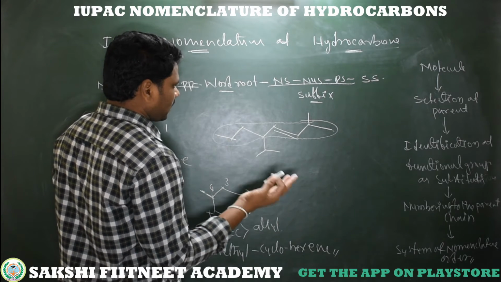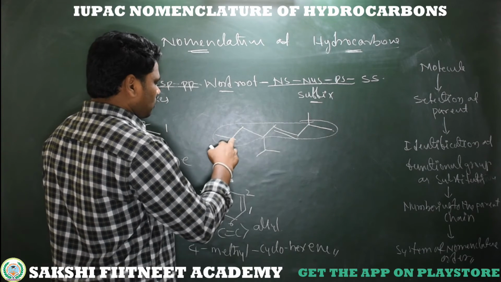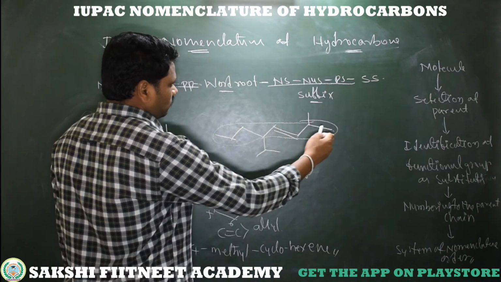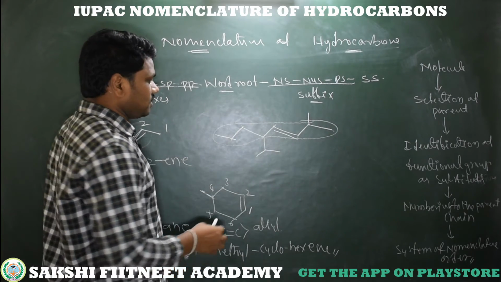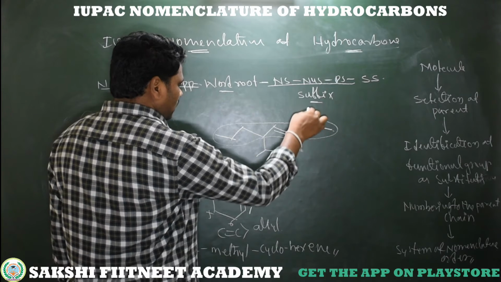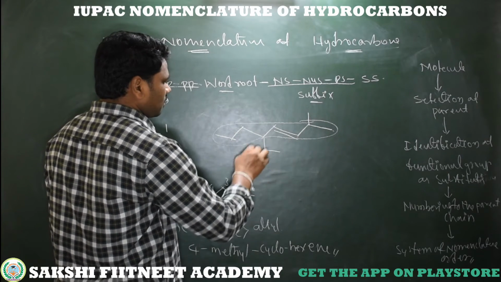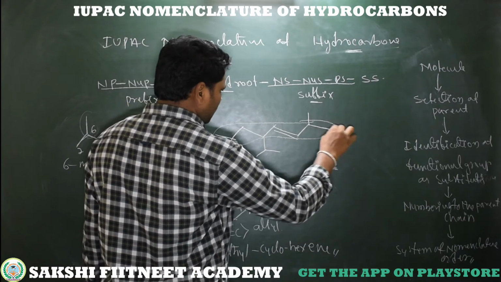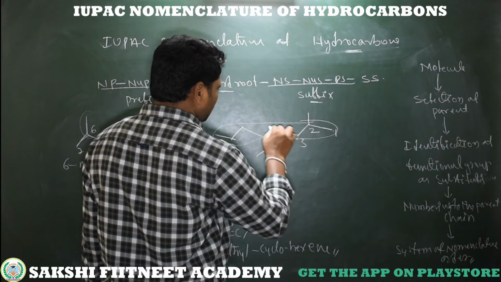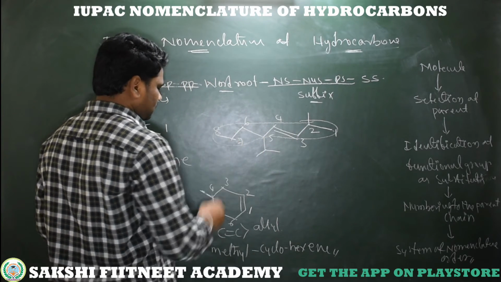Better from the right, because at the second position we have a methyl substituent. Here at the second position, third position, nothing is there. So from the right side we can follow the least locant order. At the second position we have an alkyl substituent, at the third position unsaturation, at the fourth position again an alkyl substituent. So this is the first carbon, second carbon, third, fourth, fifth, sixth, seventh, eighth.